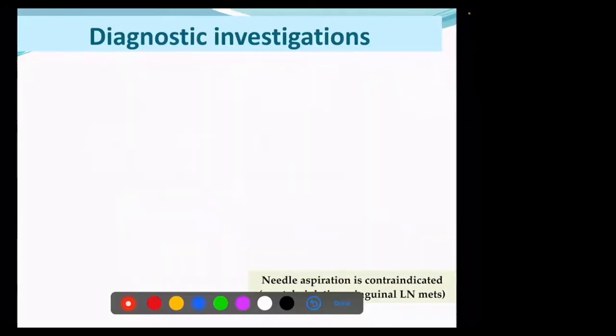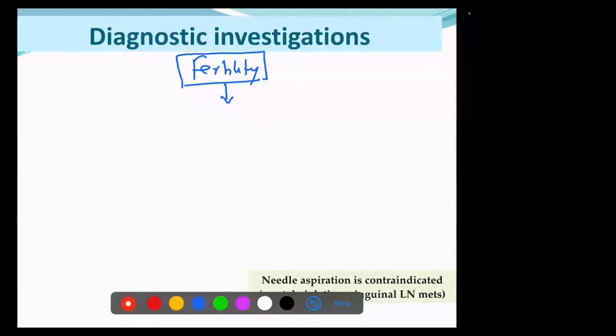Third one is fertility. The patients of testicular tumor are young, in their 30s and 40s. They might have a plan for a future child. So before doing any treatment, you have to discuss with the patient regarding future fertility, or you can say future conception.